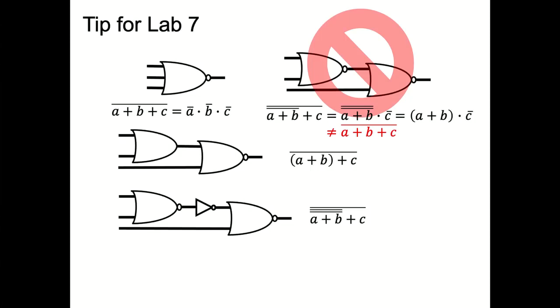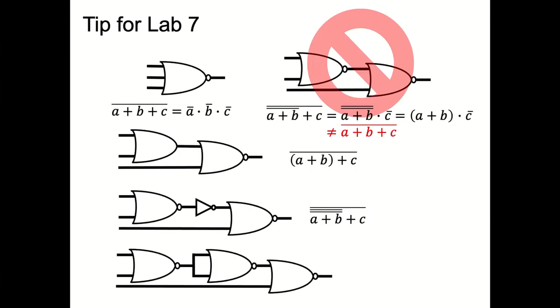And if you don't want to use one of your inverters, you're going to find that you have some unused NOR gates lying around on those parts. You could just use one of those to make a NOT gate. So that's one way to make a 3-input NOR gate. Just don't do this one up here.